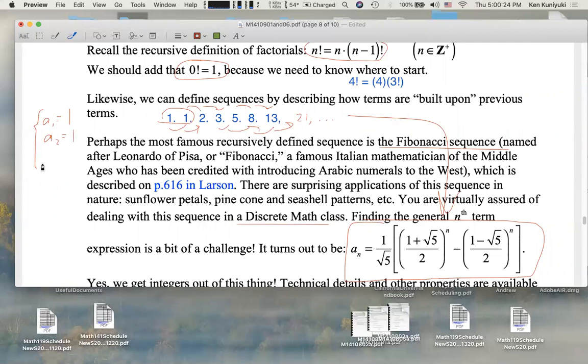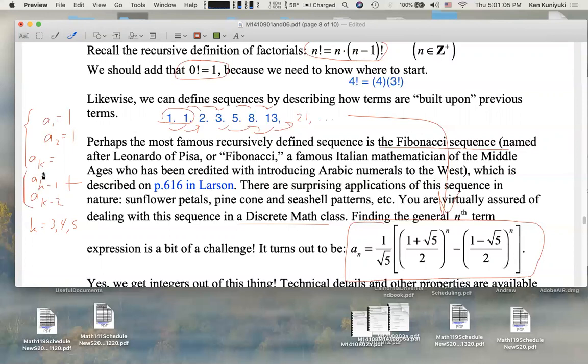And then a sub k equals a sub k minus 1 plus a sub k minus 2, where k could be 3, 4, 5, and so forth. Integers greater than or equal to 3. All right. And that'll be the recursive definition.